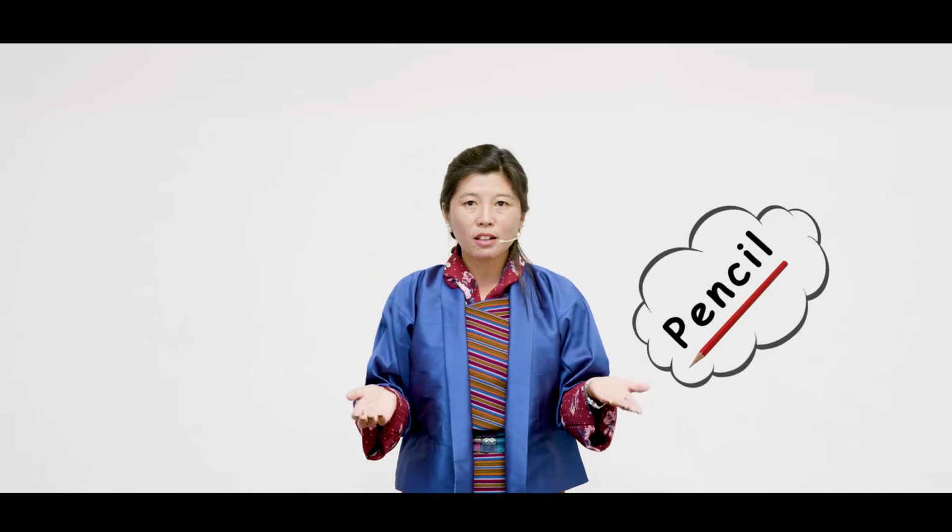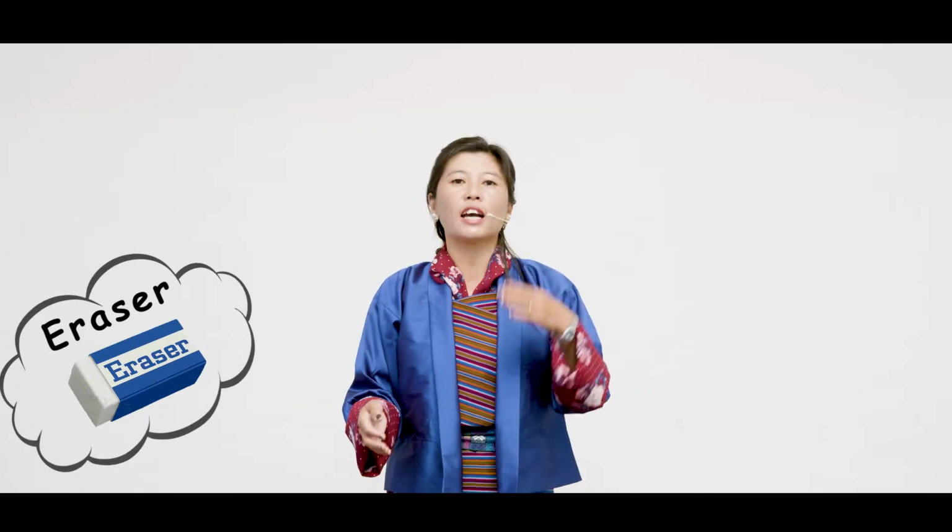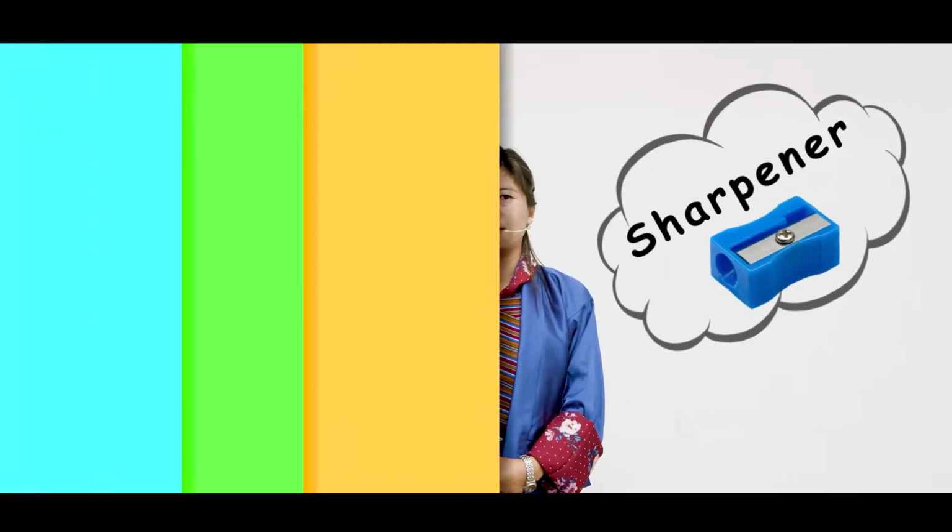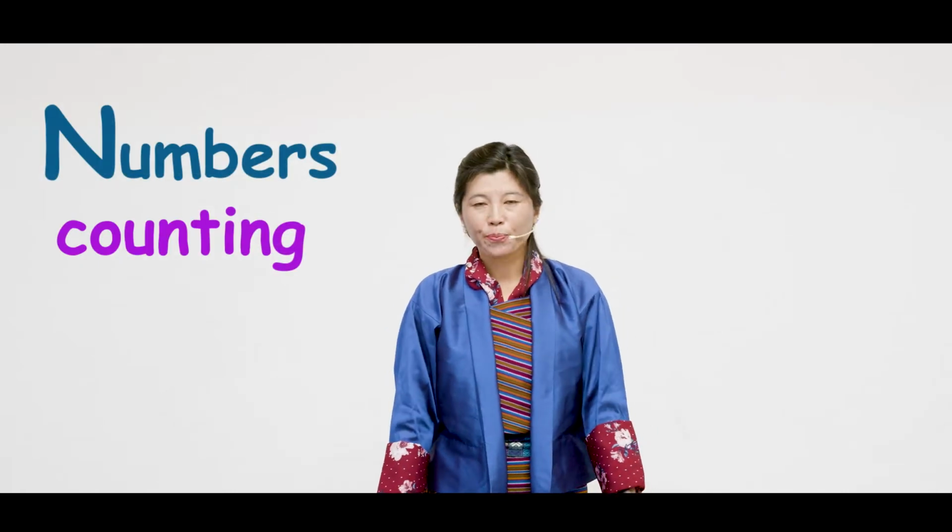Today, since we are doing a writing activity, children, you need to get ready with a book, a pencil, an eraser, and a sharpener. As we have already learned counting numbers, let's see how many of us can count.